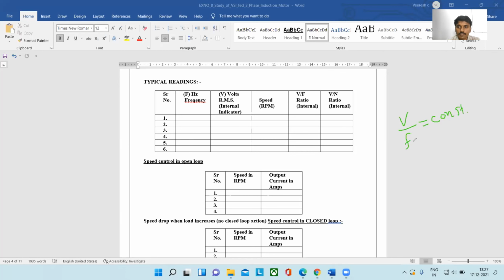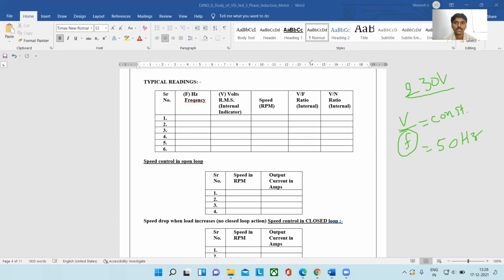Here the frequency can be varied up to the rated frequency, which is 50 hertz, and the voltage can be varied up to 230 volts. Clear? So whatever changes in the voltage and frequency values, the ratio should be constant.